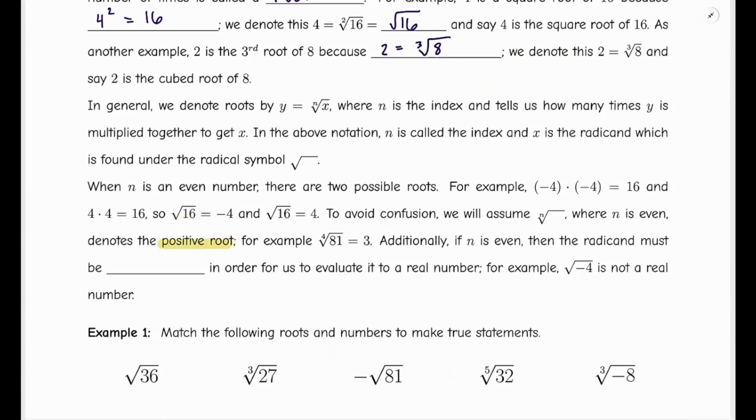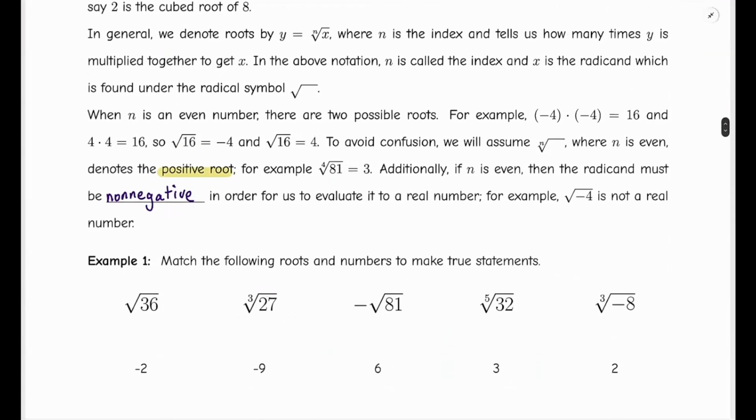For example, the fourth root of 81 is 3. Additionally, if n is even, then the radicand must be non-negative in order for us to evaluate it to a real number. For example, the square root of -4 is not a real number.